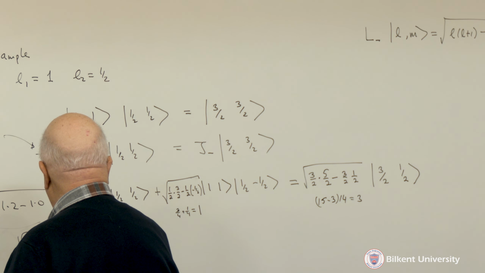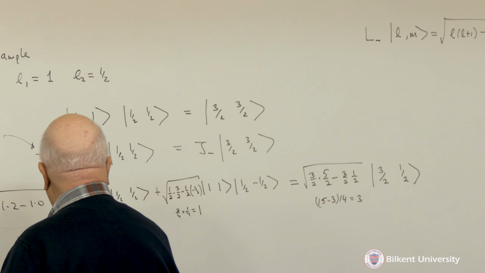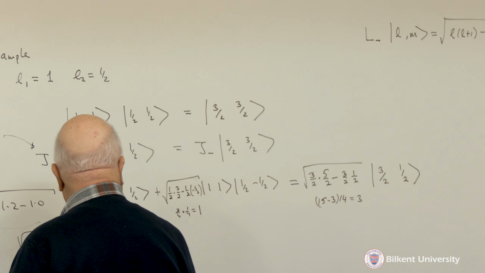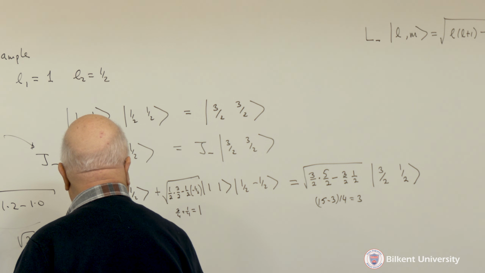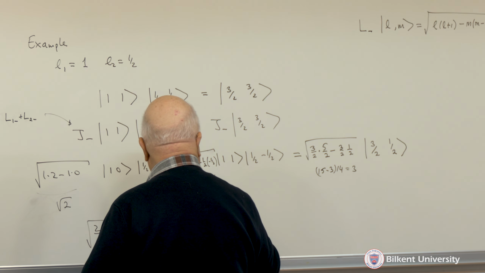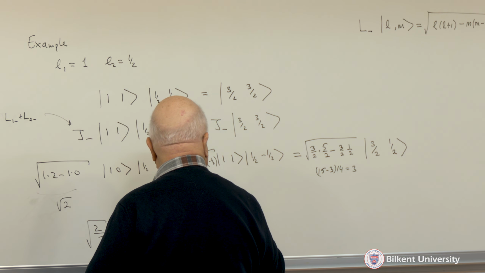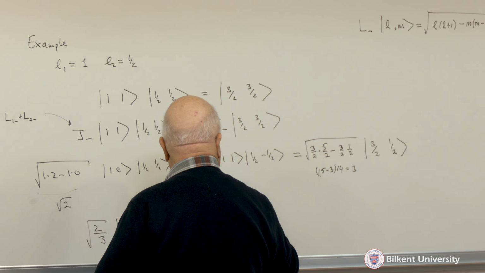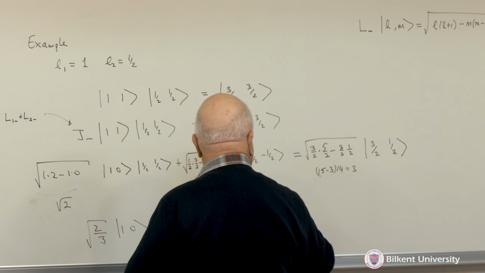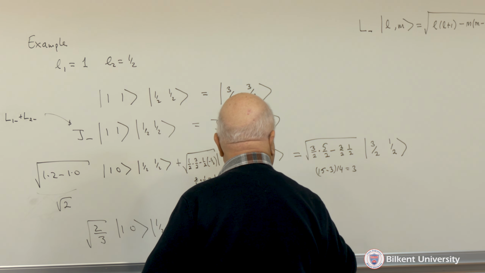So this says square root of 2 over 3, 1, 0, 1/2, 1/2, plus 1 over square root of 3, 1, 1, 1 half minus a half.